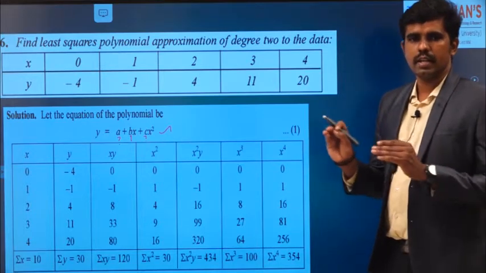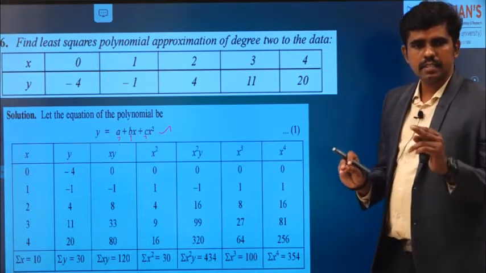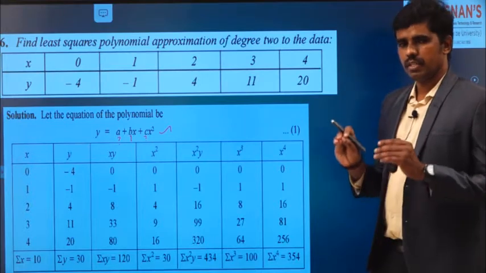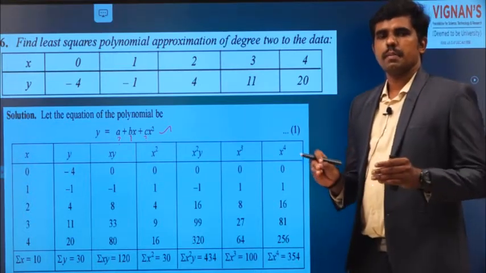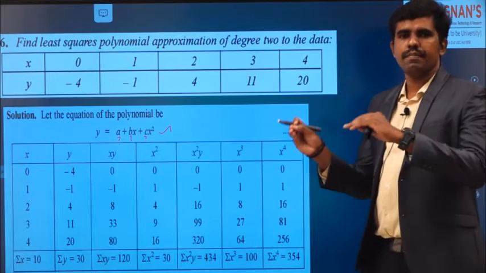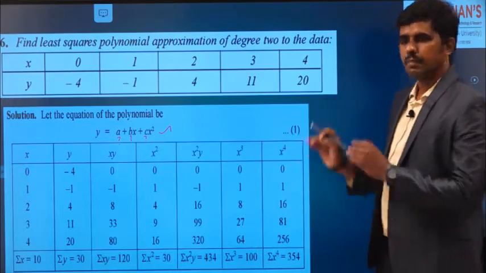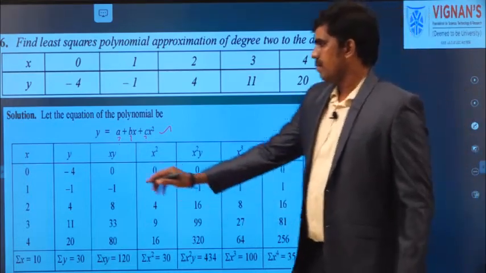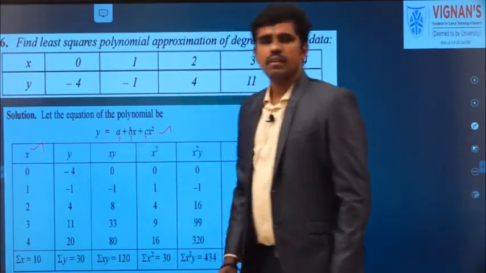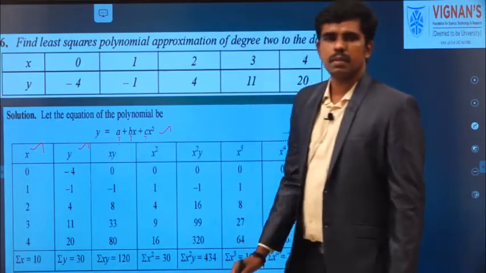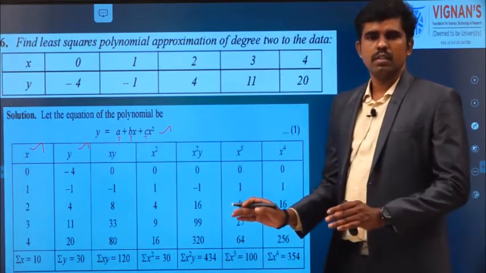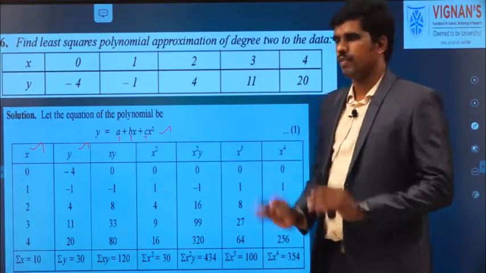I explained to you, I need 6 values: summation x square, summation x square y, summation x cube. So I am going to find all those values from the table. For that I am framing a table. In the first column I am keeping x, in the second column y. These two are already given to you.